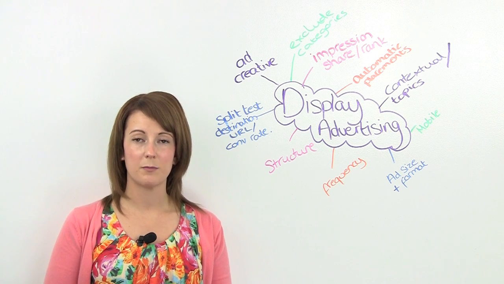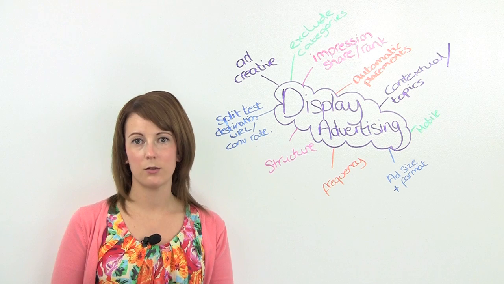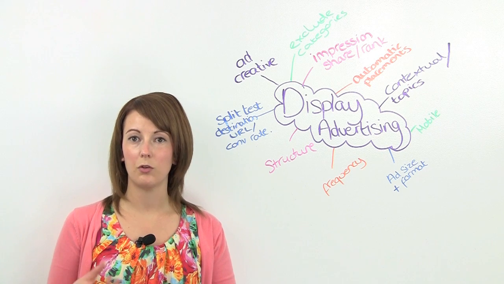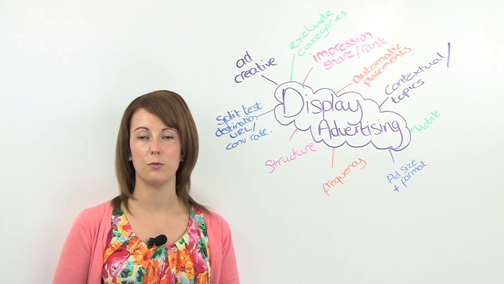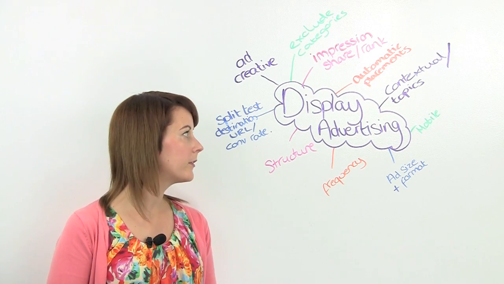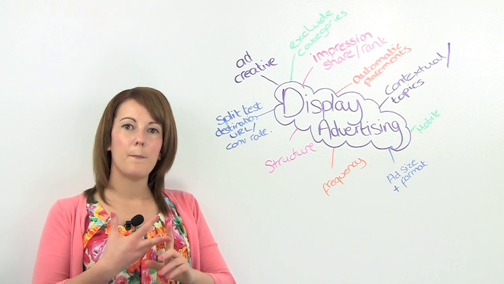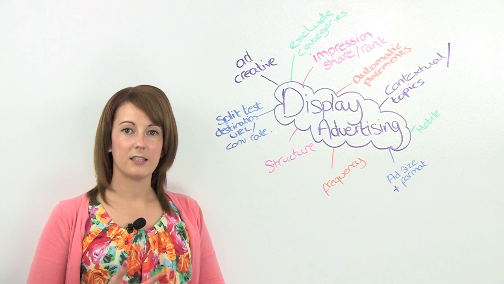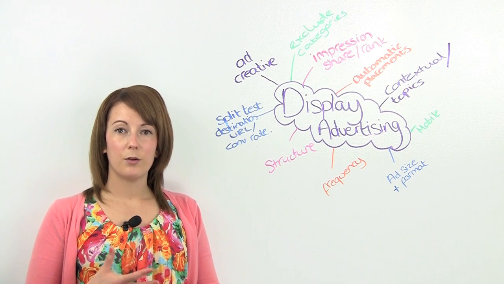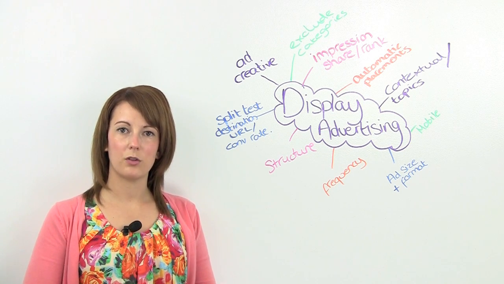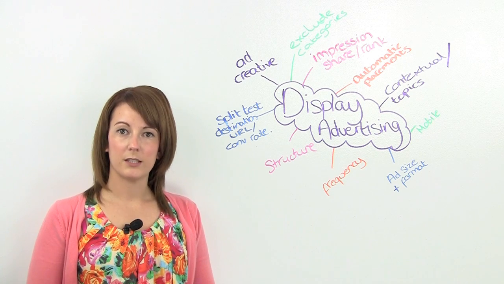What this does is means that any placements or sites which don't support animated ads can still show your ads and you're still eligible to target those users. If you use mobile with display, I'd recommend making sure that you've got mobile specific ads too. So these are just slightly different formats, and they'll just make sure that you're eligible to show on mobile sites as well.